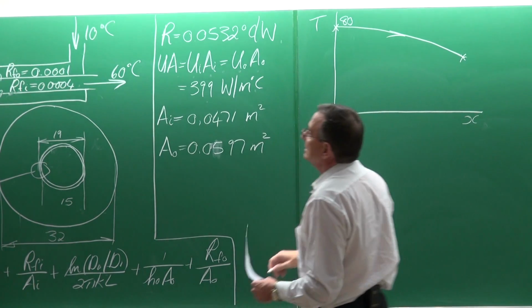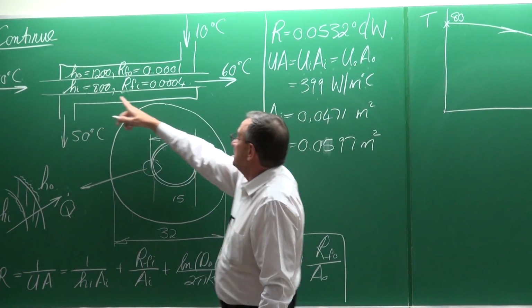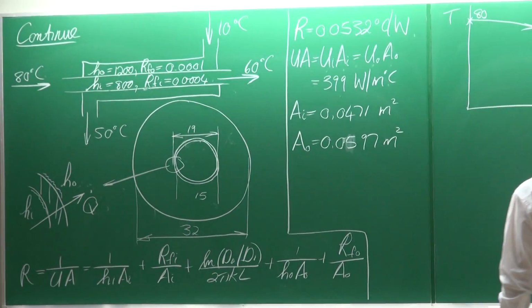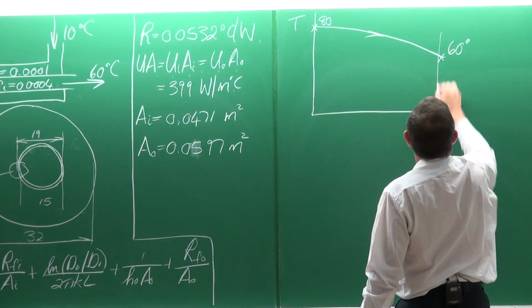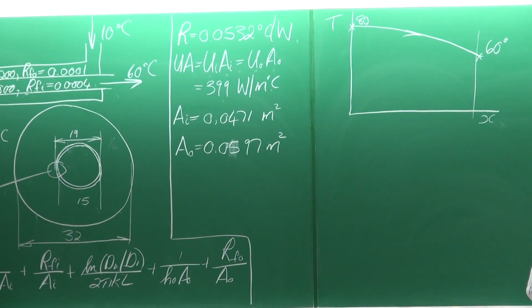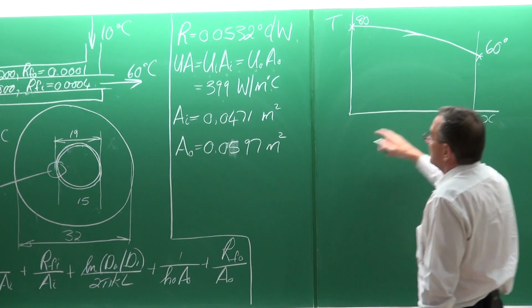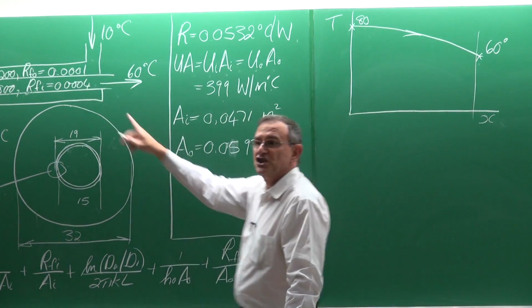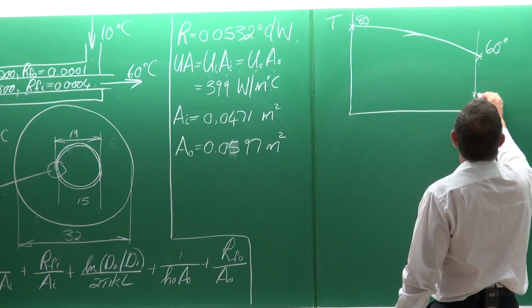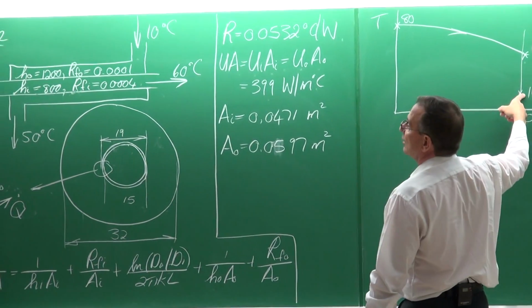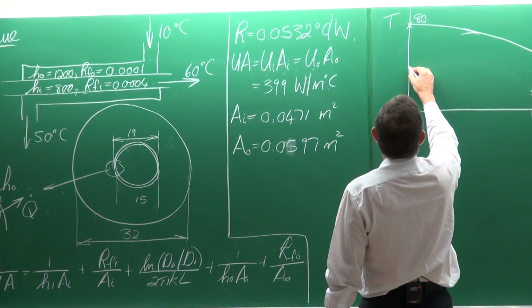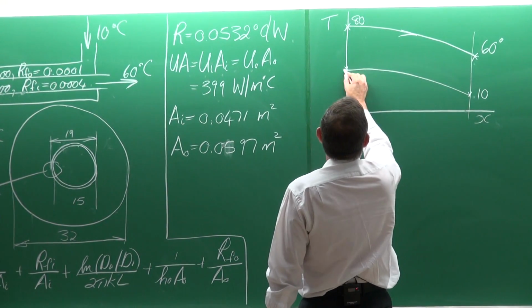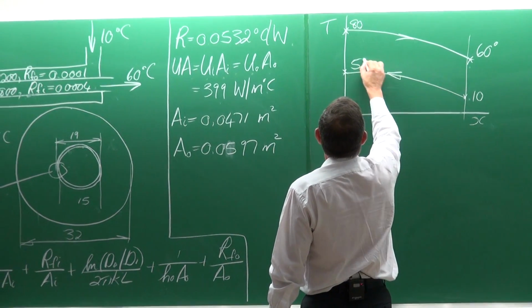That is typically the inlet temperature there of 80, the outlet temperature of 60, over the total length of the heat exchanger. The inlet temperature of the cold fluid is 10, and the outlet temperature of 50 should be approximately there. That is in principle what is happening.